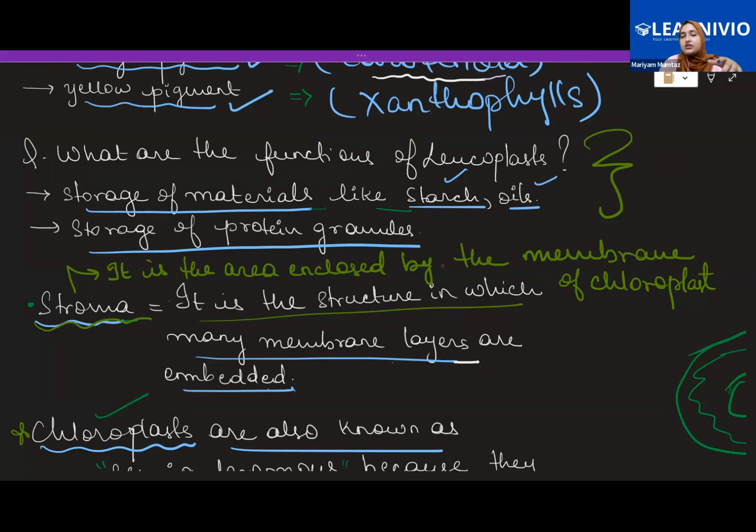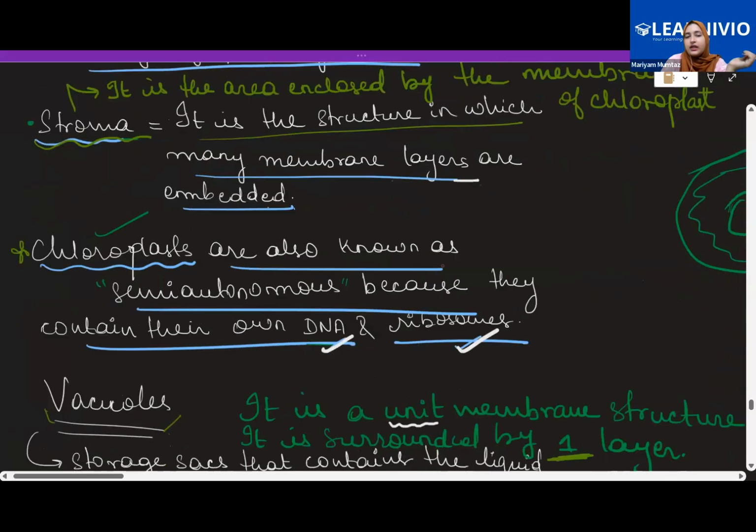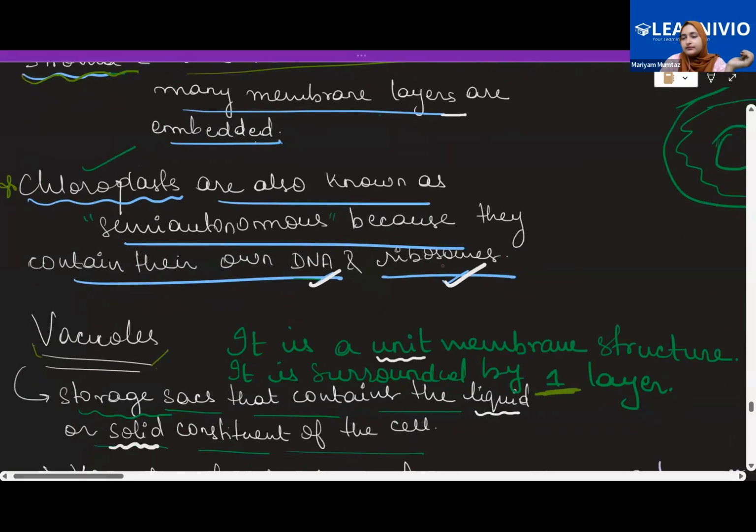Now remember the structure that the membrane encloses, and that structure is called the stroma. So it is the area that is enclosed by the membrane of the chloroplast. Clear? Any doubts?